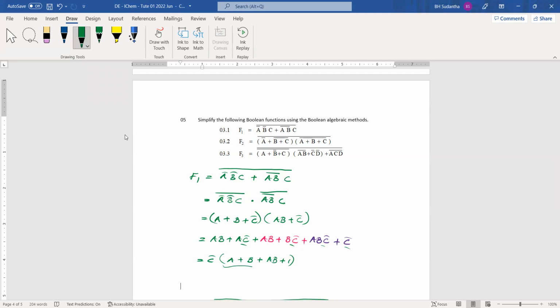Then this whole term will be 1. And what is remaining? 2 ABs there. With these 2 ABs, we can write 1 AB. And finally, this is AB plus C bar.